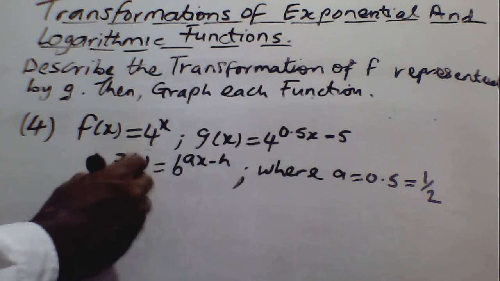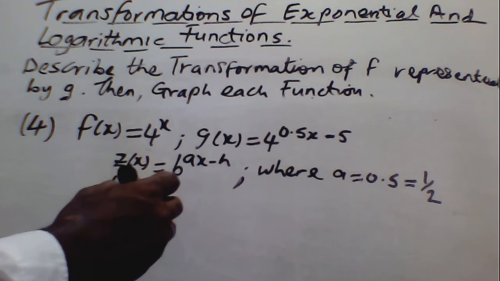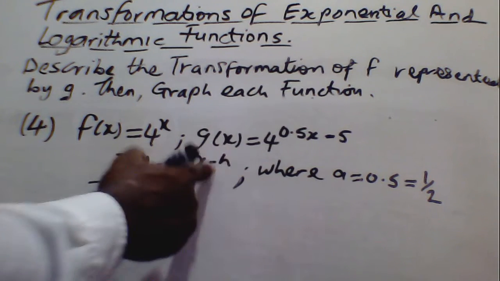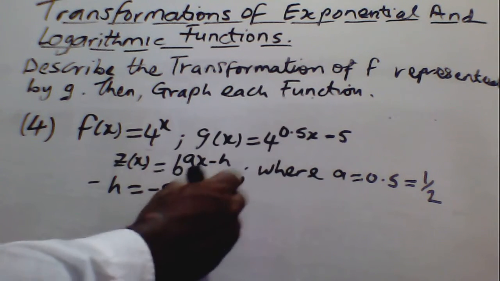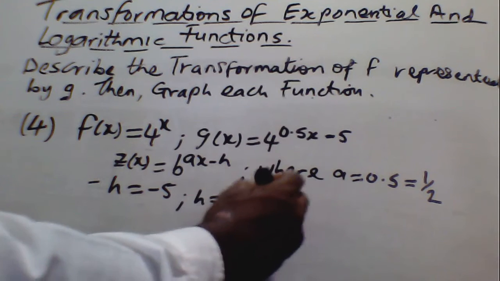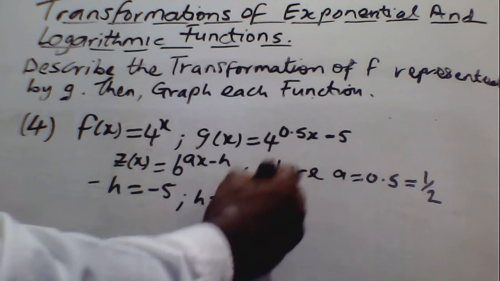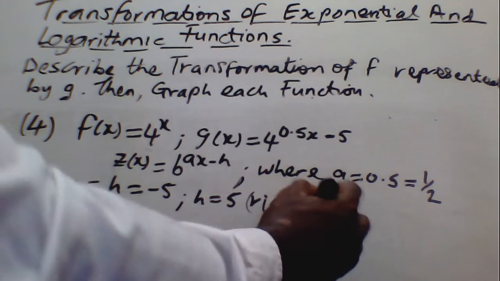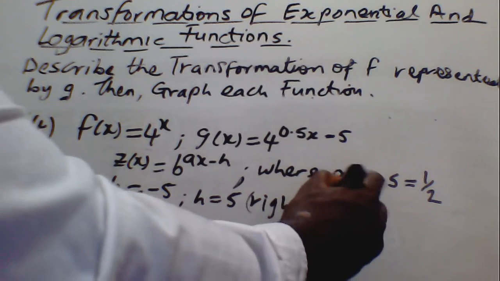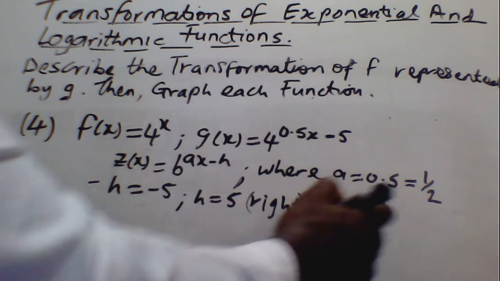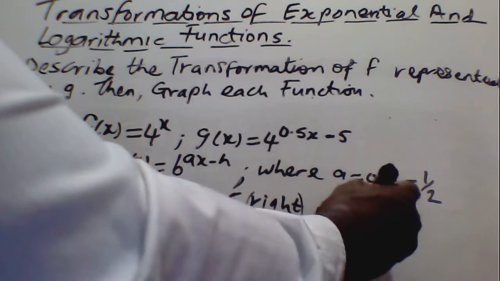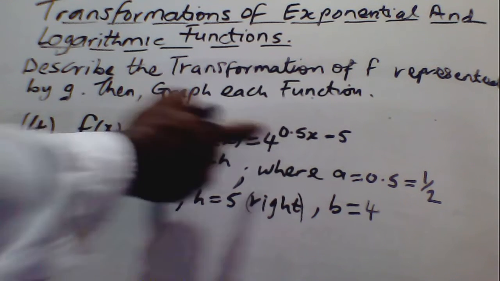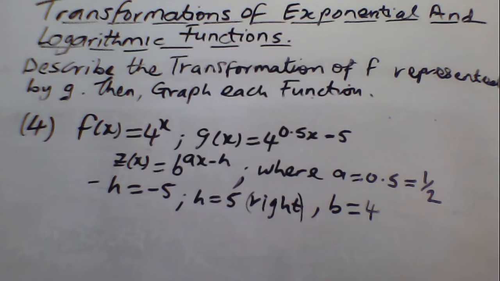So we have h to be equal to 5, because minus h is equal to minus 5. So h is equal to 5, which means it will move right. To go this way, not this way. And we also have b to be equal to 4. b is equal to 4. There is no change in the parent's base and the g of x.